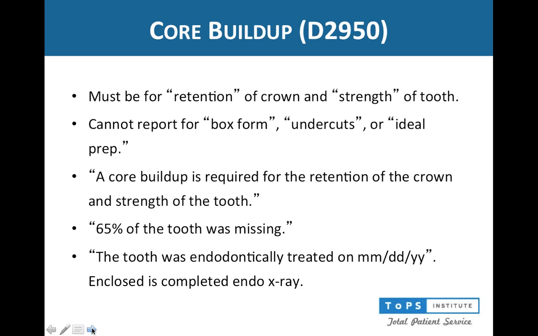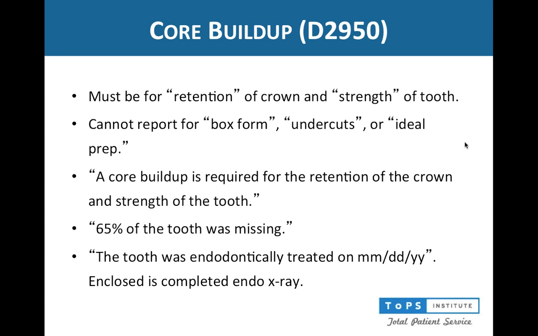So a couple of the details that we learned last time about a core buildup, the 2950, is that it was a must for retention of a crown, strengthening of a tooth. But we remember we're not going to be using it for the code now.